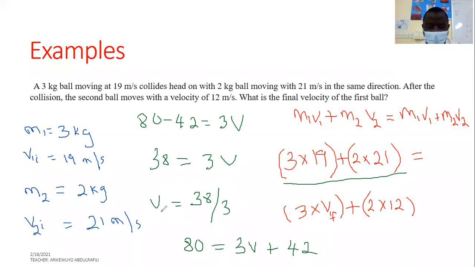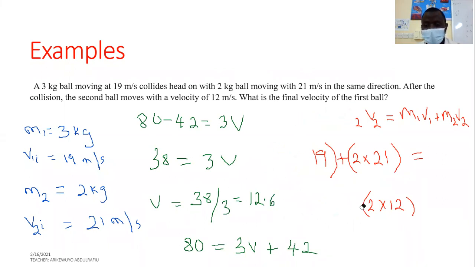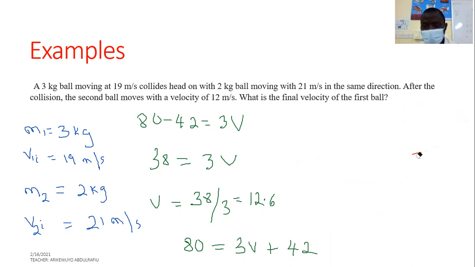So it means that the final velocity for the second ball is equal to 12.6 meters per second. Do you understand this now? So this is how you solve for elastic collision.